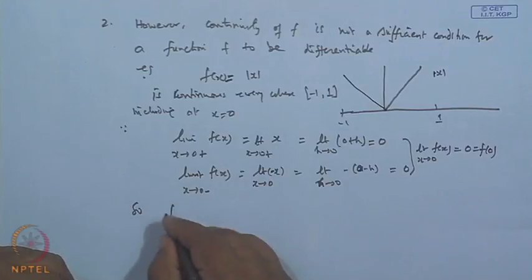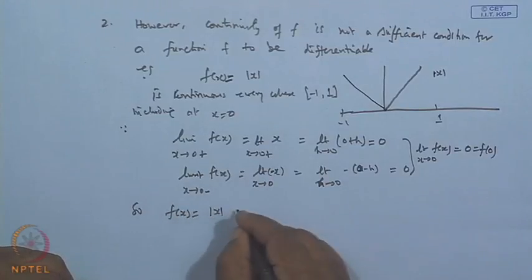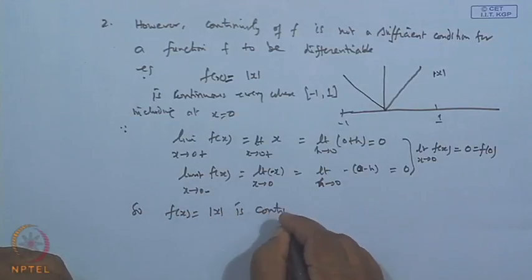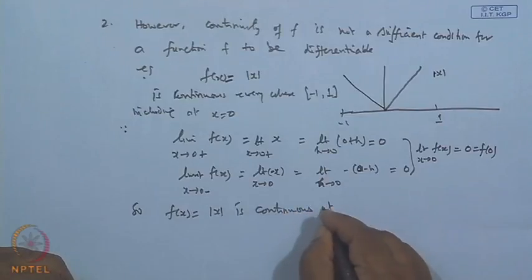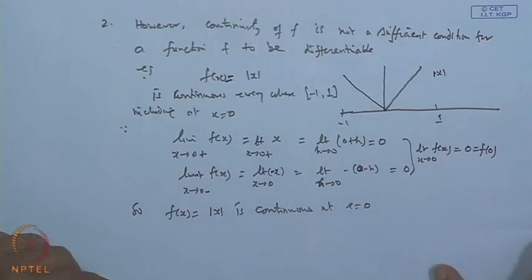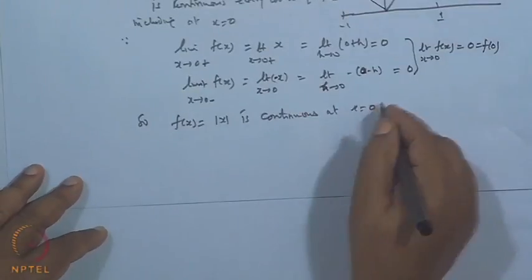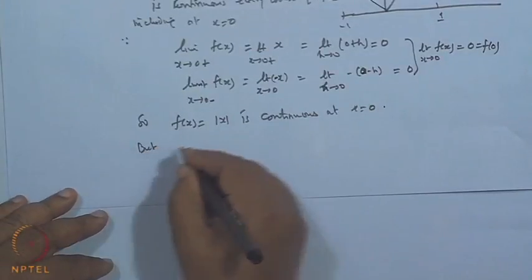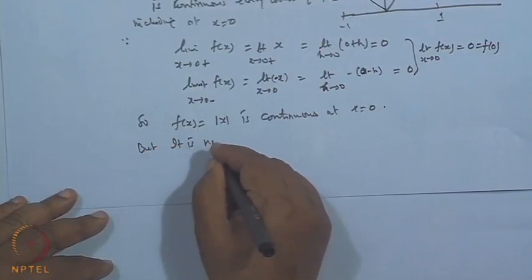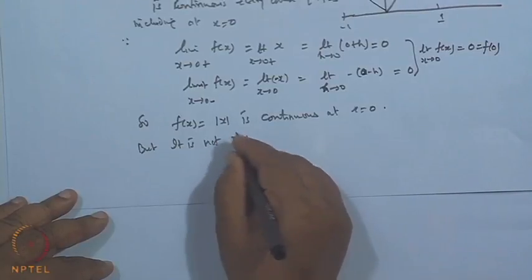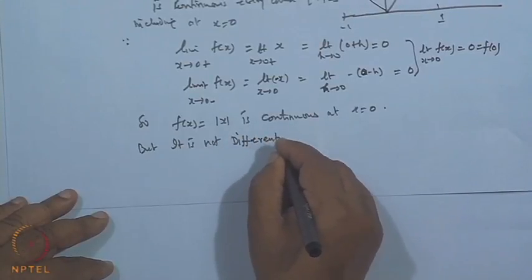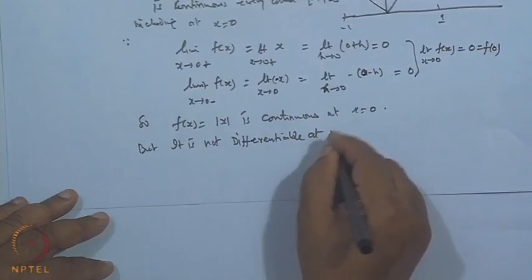So, the function f of x, which is mod x, is continuous at x equal to 0, but it is not differentiable at x equal to 0.